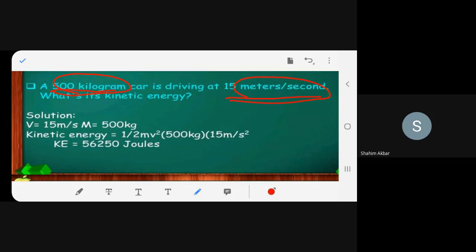Now what is the formula of kinetic energy? Half mv square, isn't it? Which becomes half into m, that is 500, into 15 into 15. Agree?